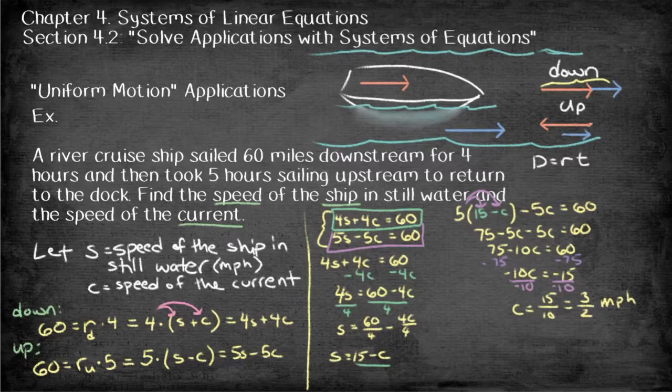Okay, to get S, we're going to look at the expression that we substituted into the second equation. S is equal to 15 minus 3 over 2. And there we have that S is equal to 27 over 2 miles per hour.